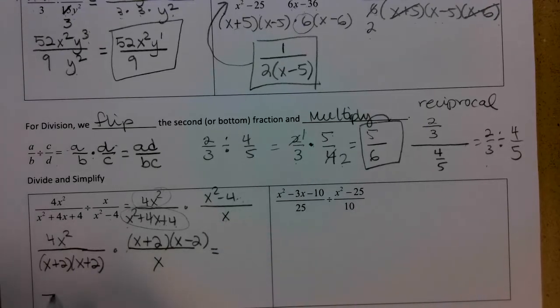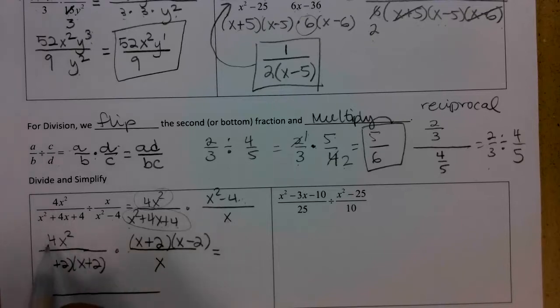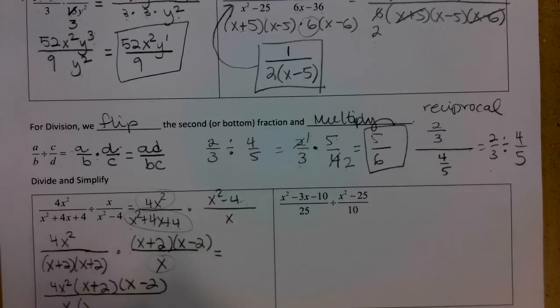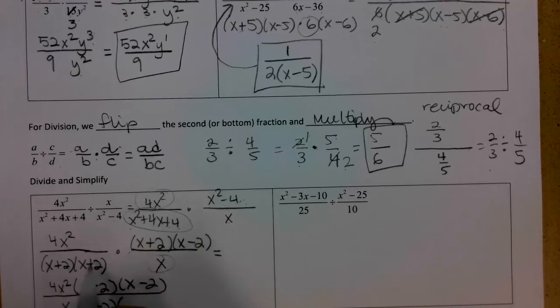If you want to write them all together in one, 4x squared, monomials go first, x plus 2 times x minus 2. Those are everything in the top. And then on the bottom, this monomial x, I'm going to put that in the front. And then x plus 2, and another x plus 2.